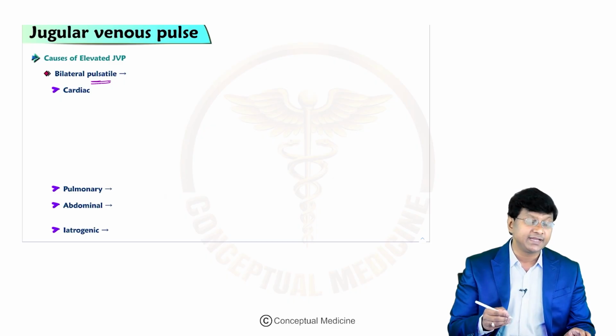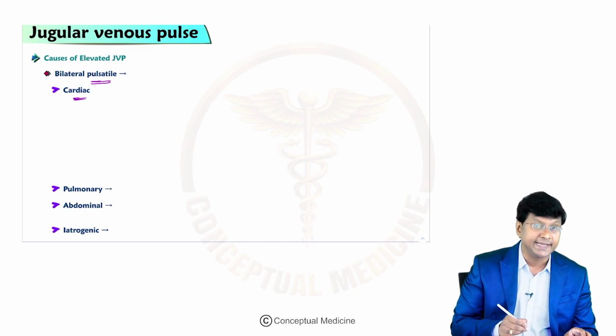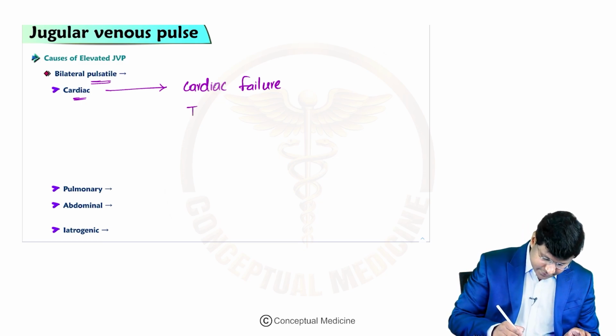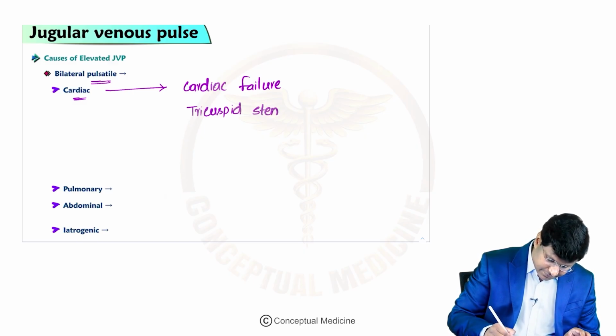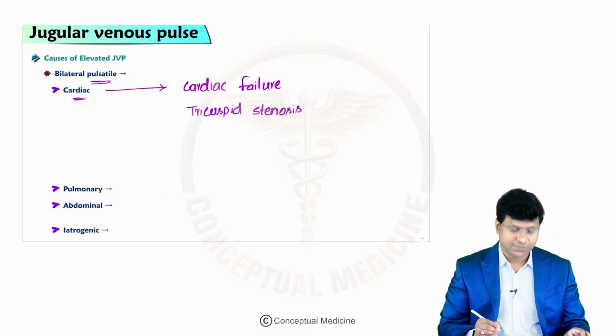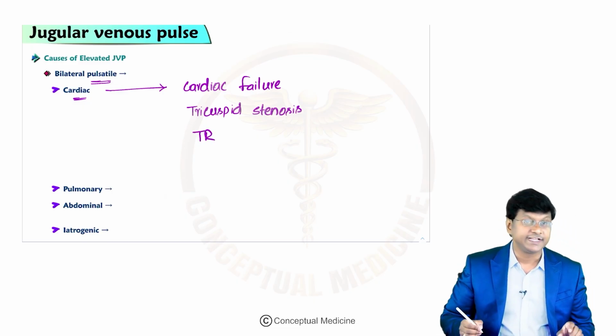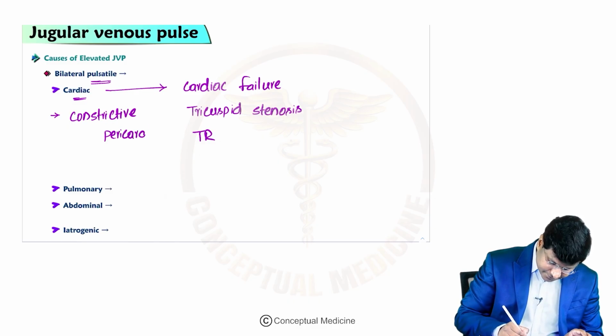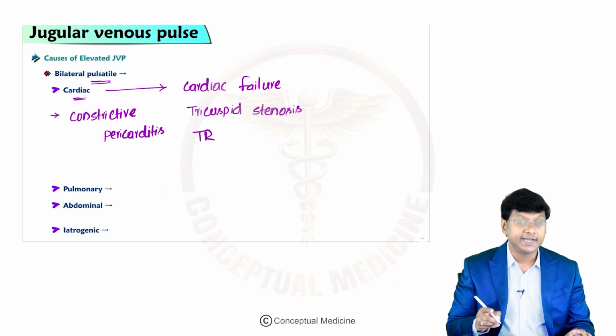Whereas for bilateral pulsatile increase in JVP, if you take the cardiac causes, that includes cardiac failure, then tricuspid stenosis, tricuspid regurgitation, constrictive pericarditis, and next cardiac tamponade.